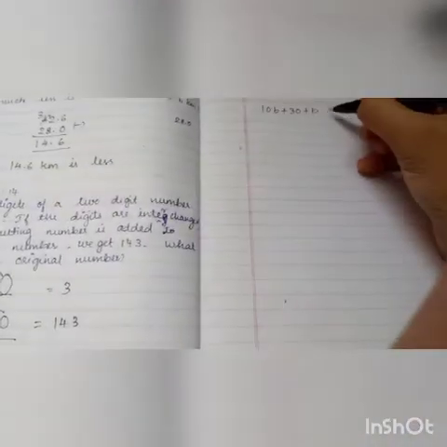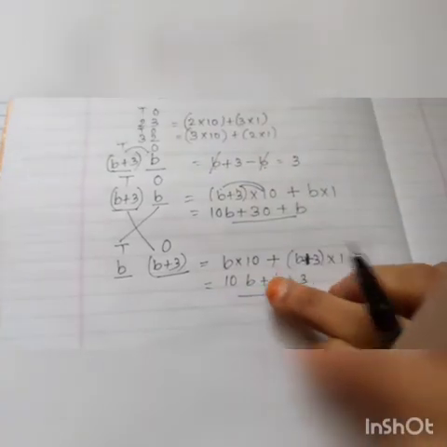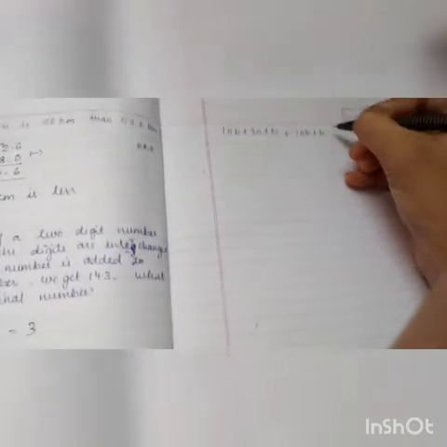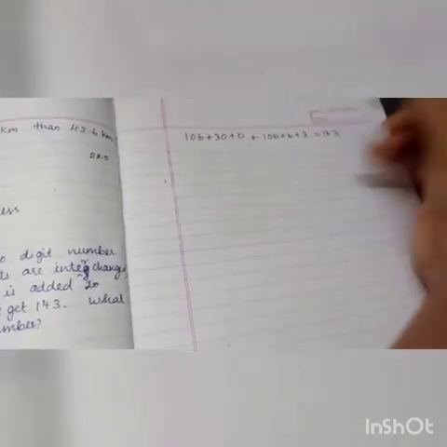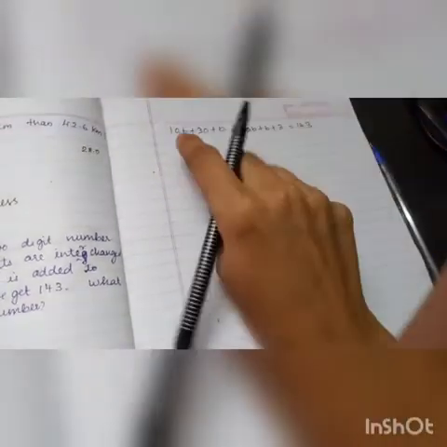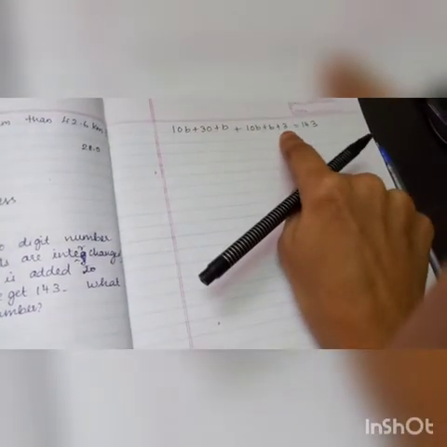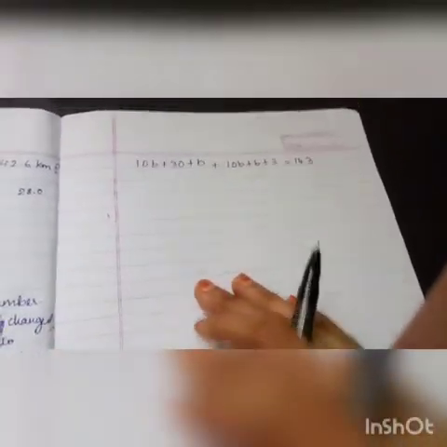Then plus 10b plus b plus 3 equal to 143, because this is my original number and this is my interchanged number. If I add both the values, I should get 143.